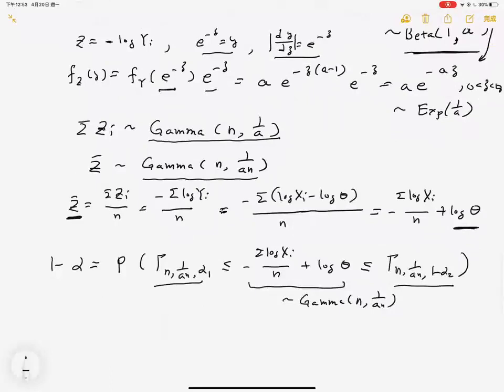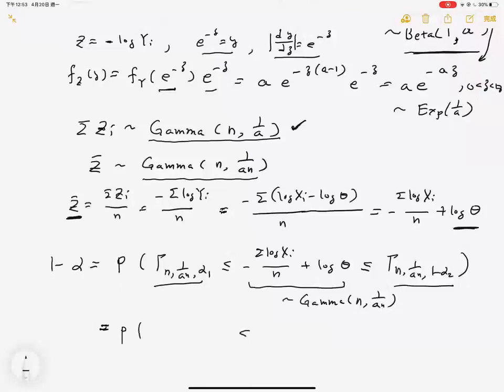Or if you don't feel comfortable, if you say in some way you would imagine z bar, okay, I'm saying if I'm using gamma right here, there could be as well. I think it's the same, just divided by n, for example. Just write it here.